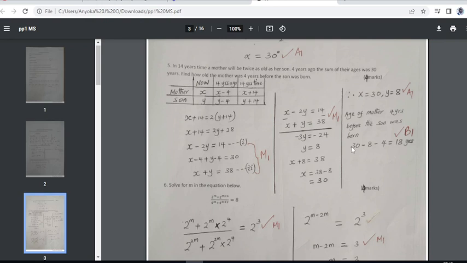So we get the age at which the mother was when the son was born. But the question is 4 years before, so minus 4 again, so that we get 18. So the mother was 18 years, 4 years before the son was born.